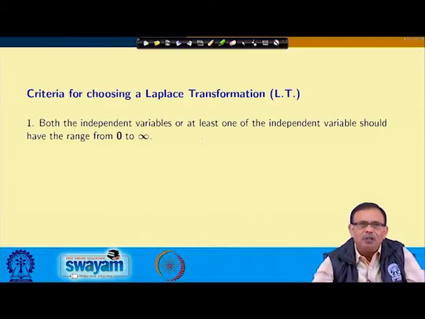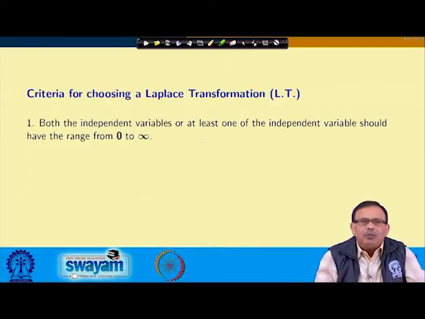The first one you have to see is that both the independent variables, or at least one of the independent variables, should have range from 0 to infinity. Please note this one: the range must be from 0 to infinity.